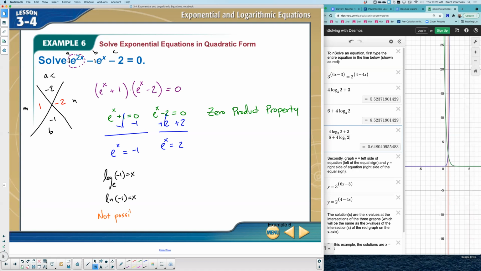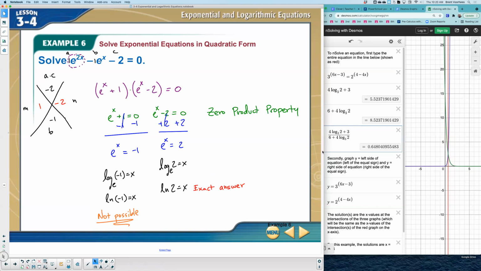You cannot take the logarithm of a negative number, so that's undefined. So that answer is not going to be good. But over here, we do have a good answer. You would convert this to a log, so it'd be log base e of 2 equals x. That right there is your exact answer. Well, I guess there's a better way of writing it. The better way would be to say the natural log of 2 equals x.